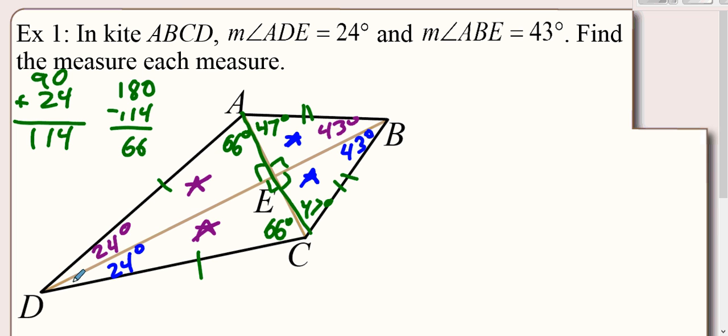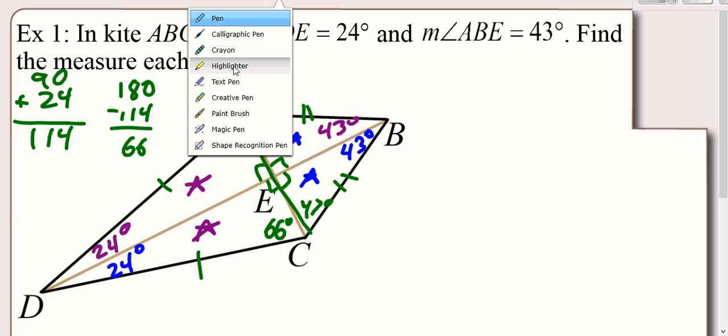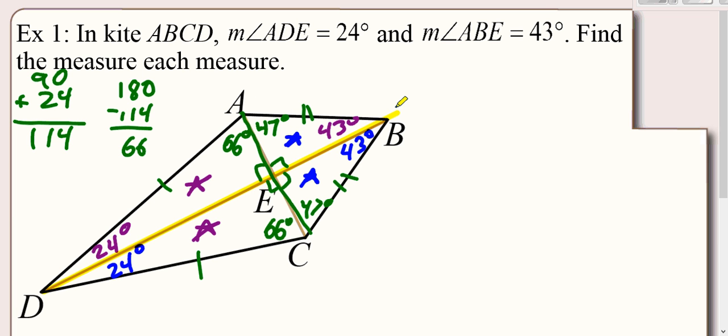You could even just looking at one diagonal, just this one down the middle, it makes larger congruent triangles. This one you would know because, well, you can say side, side, side, using DB as the reflexive side. Tons of different ways. But kites make a lot of congruent triangles.